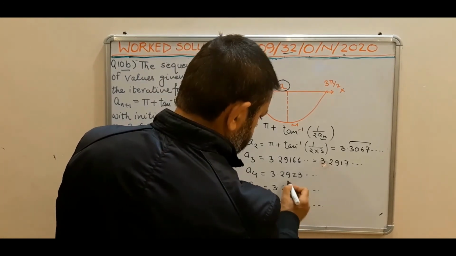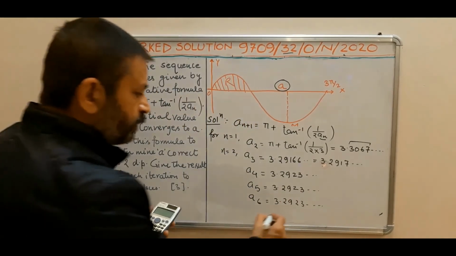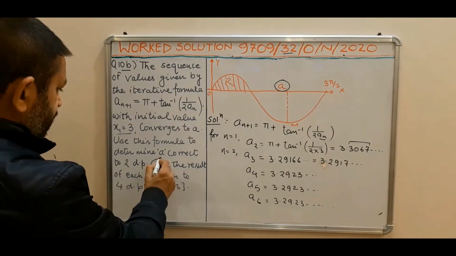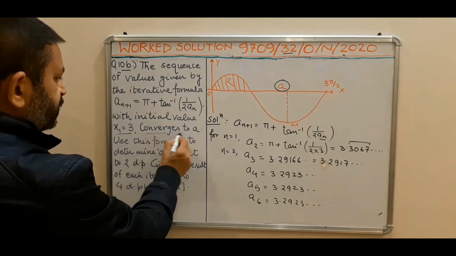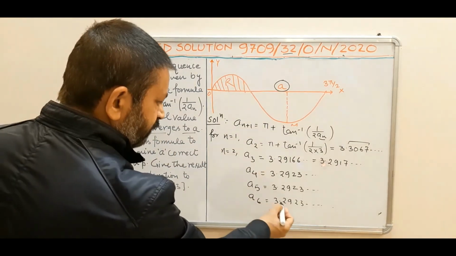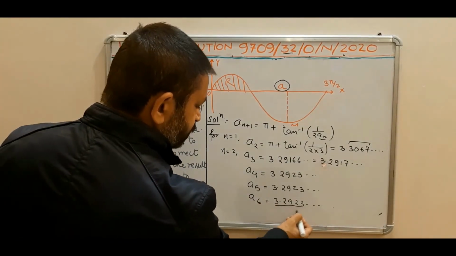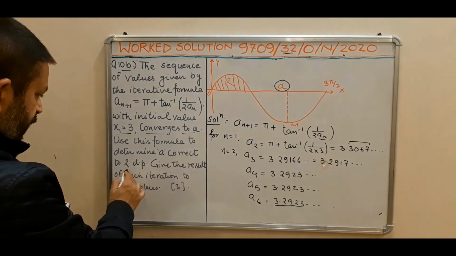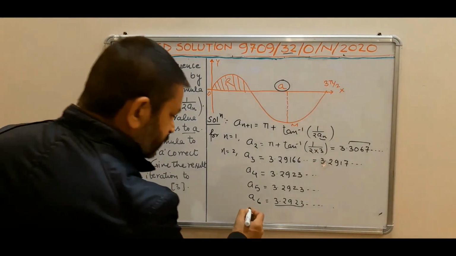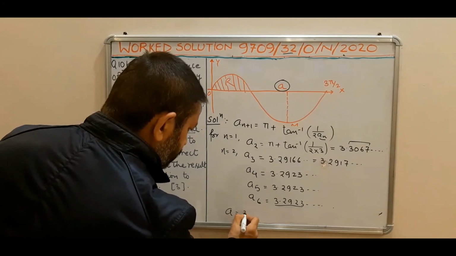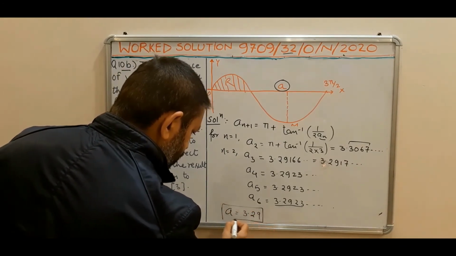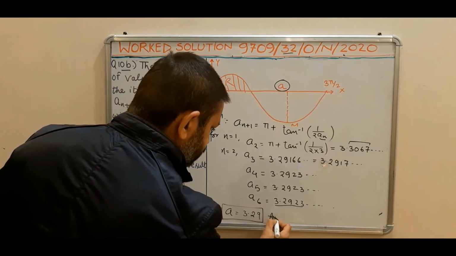So now figures are repeating, so we'll stop our iterative method here only, and it says that converges to A. So it means these all values converge to 3.293 up to 4 decimal places, and the answer is asked up to 2 decimal places. So the value of A will be 3.29. This will be the answer up to 2 decimal places.